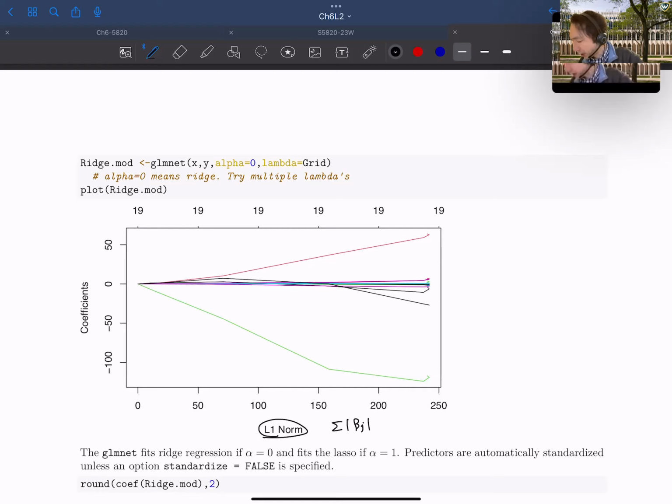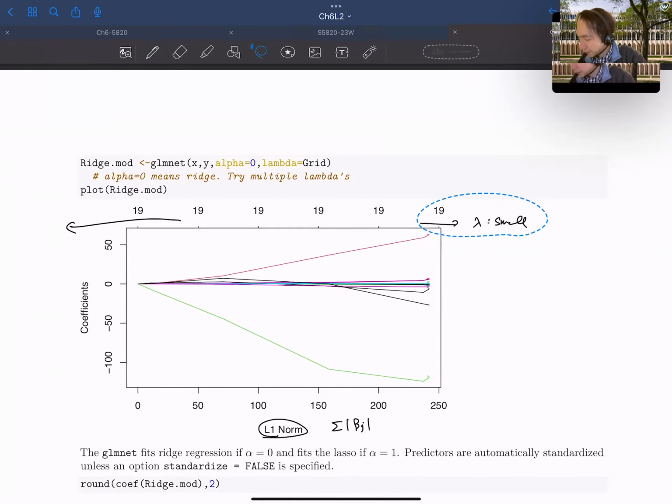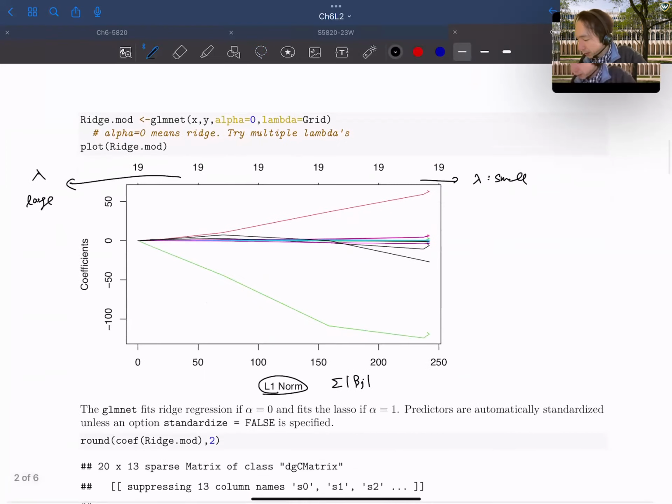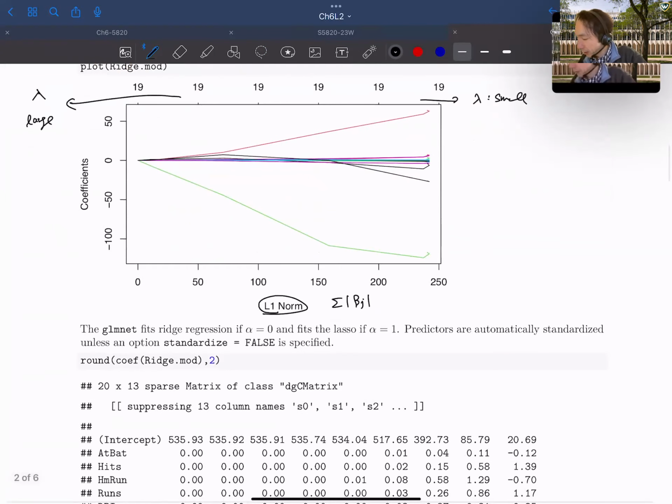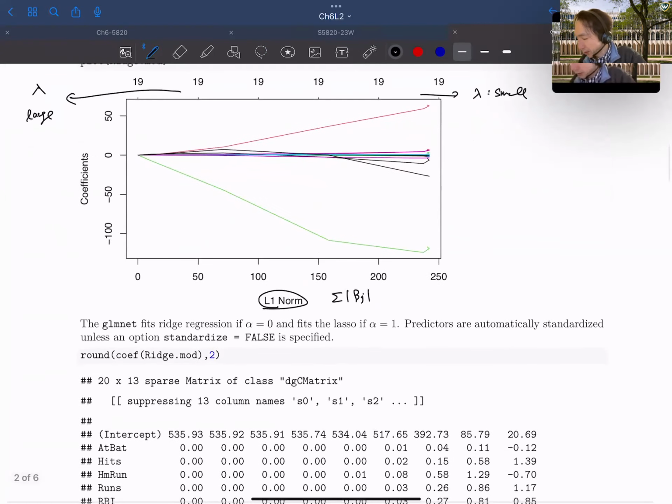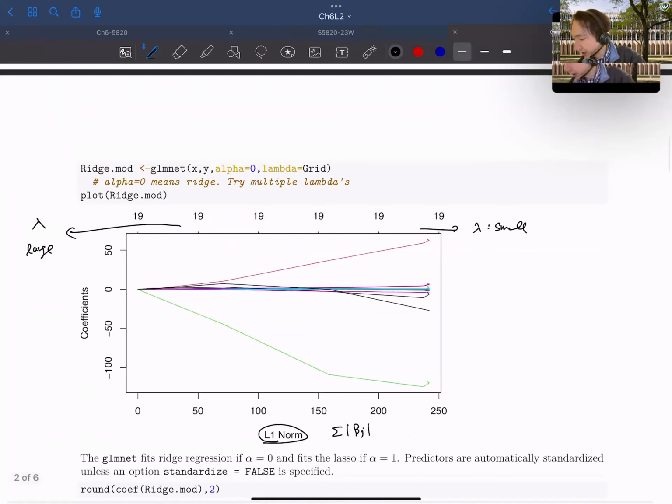If this is larger, that basically means lambda is smaller, and in this direction, lambda is larger. Then these are estimates. Actually, I cannot really see the correspondence between the lambda value and these points.